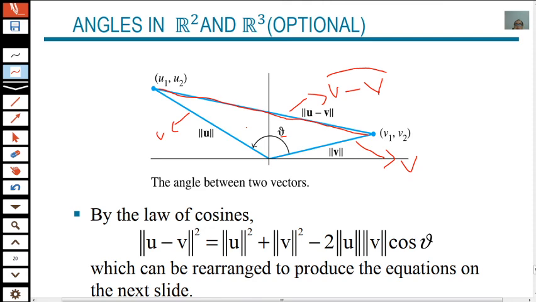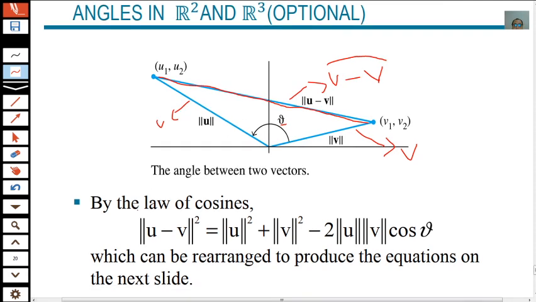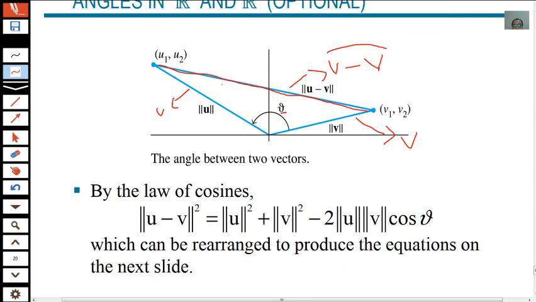And now we directly use the law of cosines. If you remember, the square of this distance is equal to the square of this one plus the square of this one minus 2 times the length of U, the length of V, times cosine of the angle between the two vectors, which can be rearranged to produce the equations.